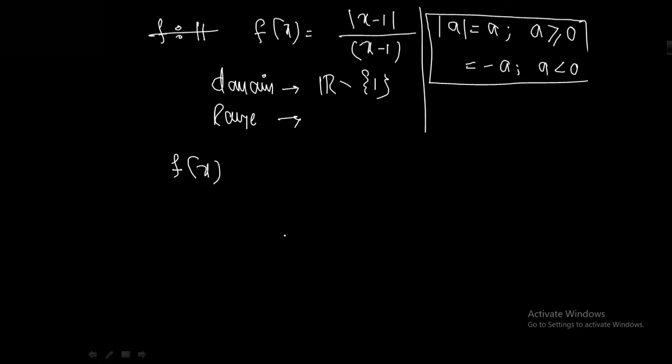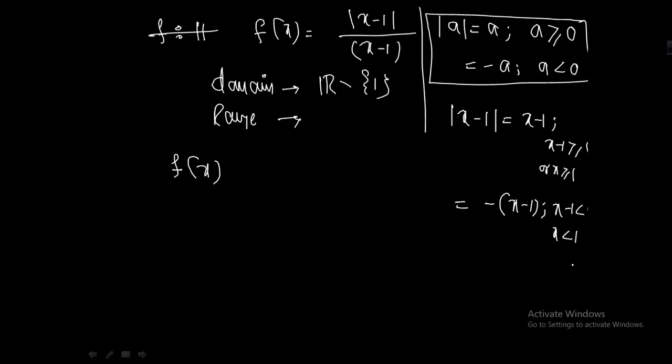So mod of x minus 1 is equal to x minus 1 if x minus 1 is greater or equal to 0, or x is greater or equal to 1, and this is equal to minus of x minus 1 if x minus 1 is less than 0 or x is less than 1.